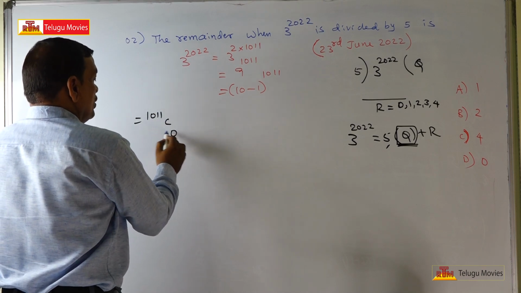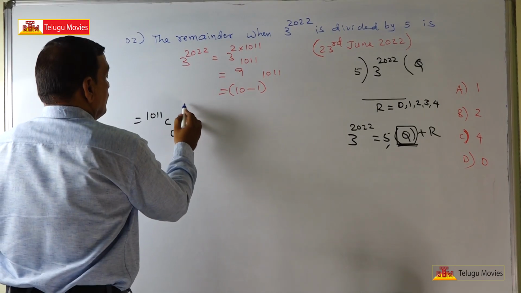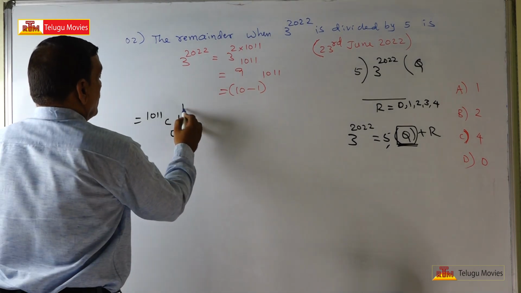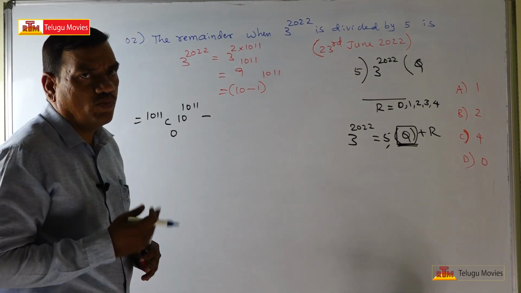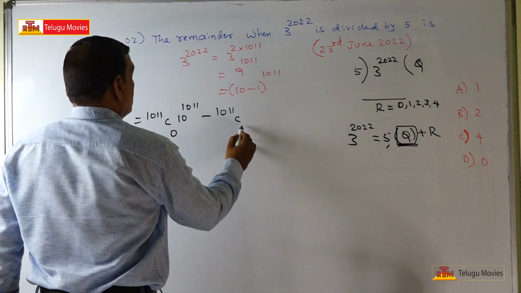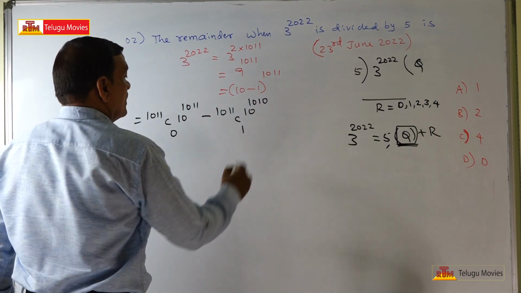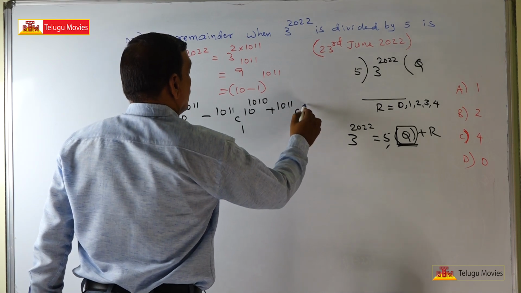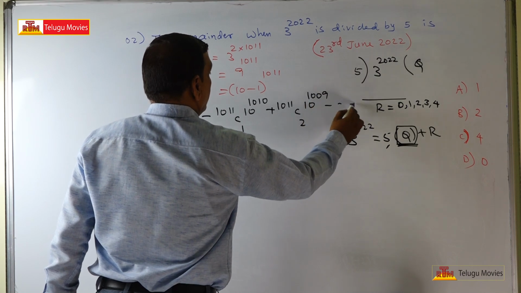So let us write down the expansion. The first term is 1011C0 into 10 power 1011, minus 1011C1 into 10 to the power of 1010, next term is 1011C2 into 10 to the power of 1009, and so on.